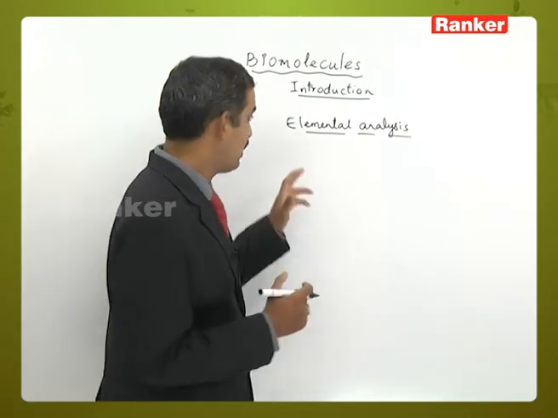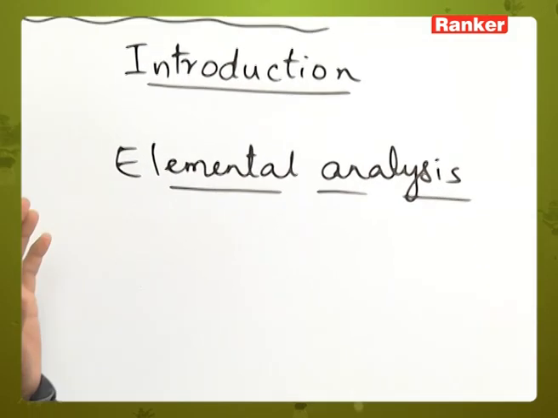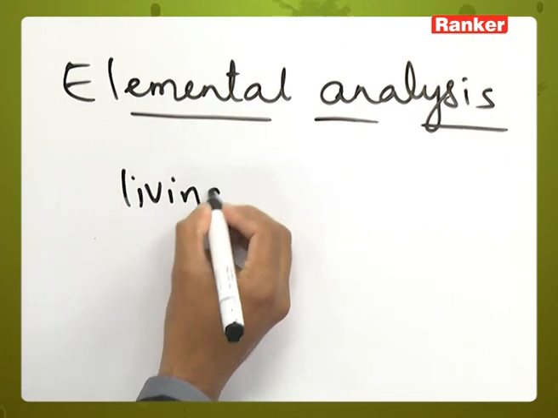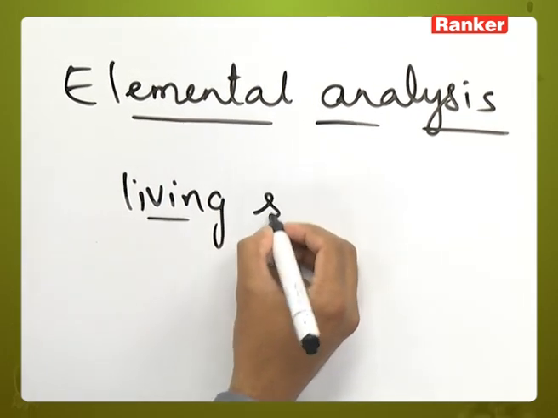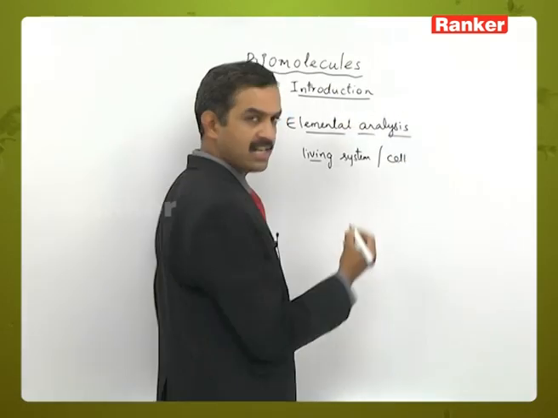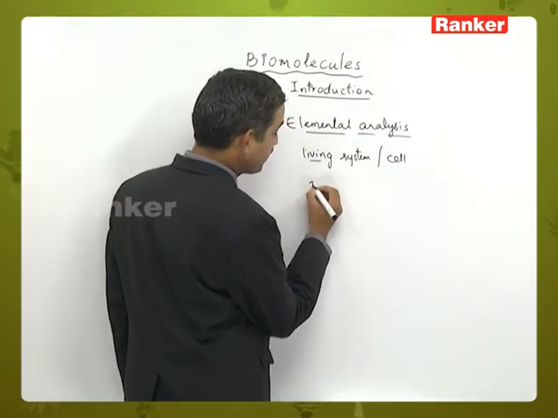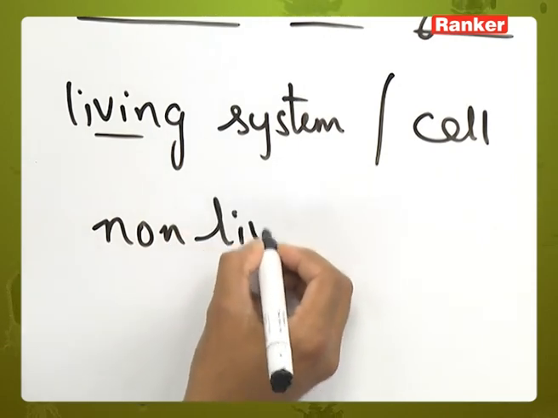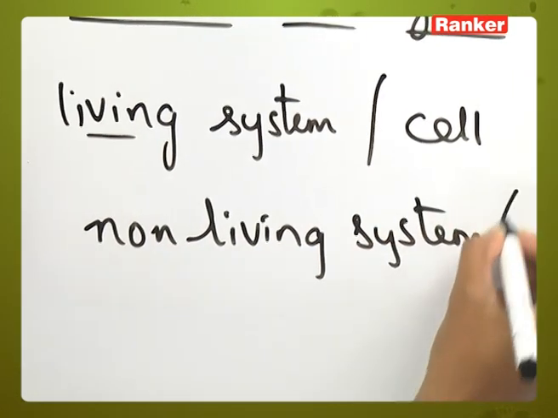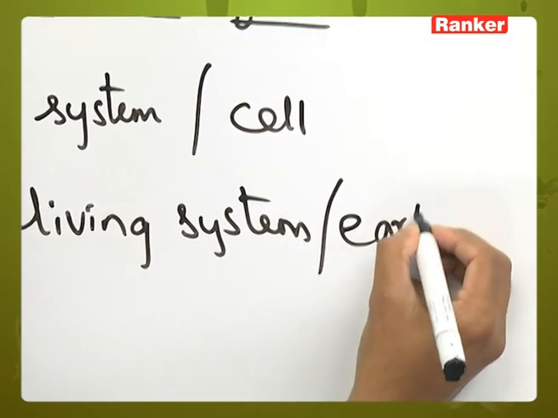So in this process we know about the elements, but what are the elements present in a living system or a living cell, and what are the elements present in a non-living system? Let's take the example of the earth crust.